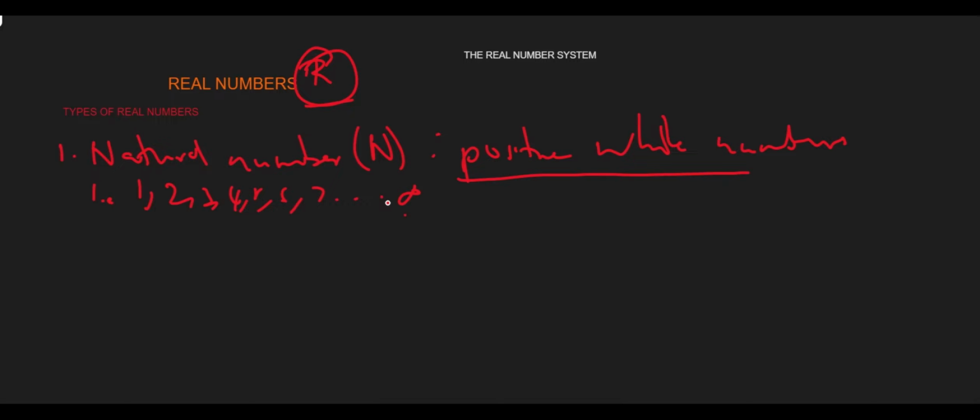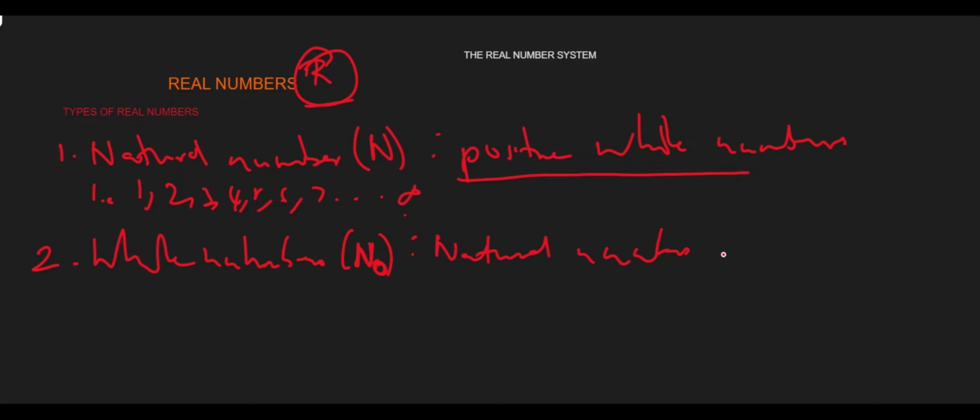The second one, we have your whole numbers. Whole numbers are denoted by an N with a small 0 at the bottom.